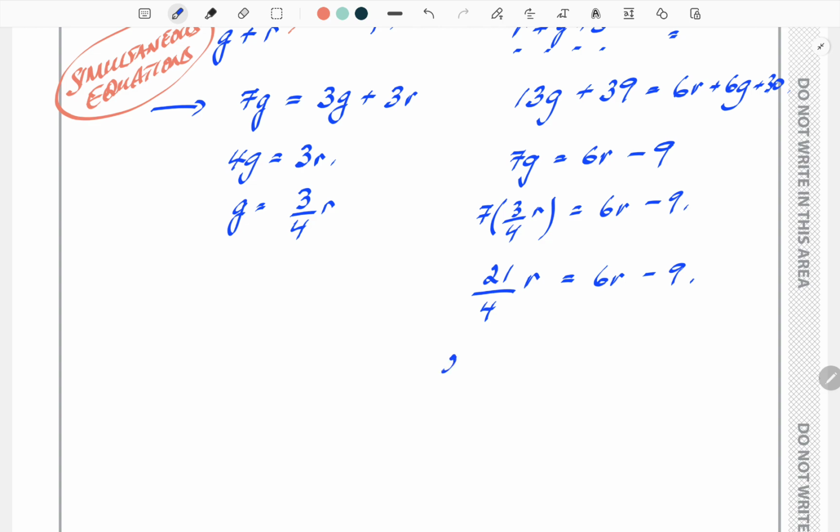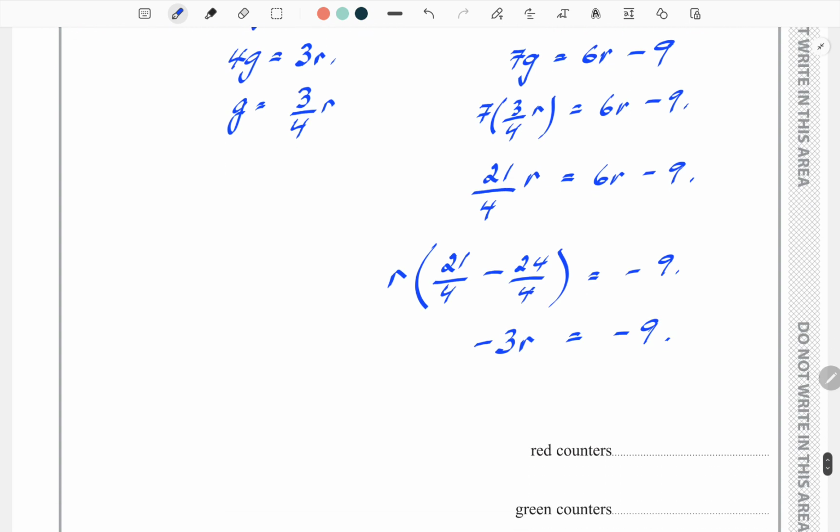So 21 over 4 minus 24 over 4, that's R, equals minus 9. So negative numbers on both sides, no problem. So minus 3R equals minus 9. And therefore, R equals 3.